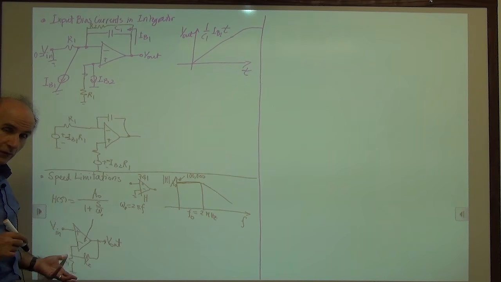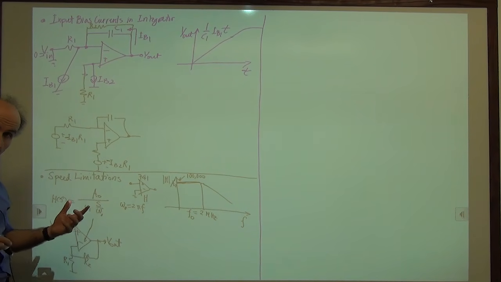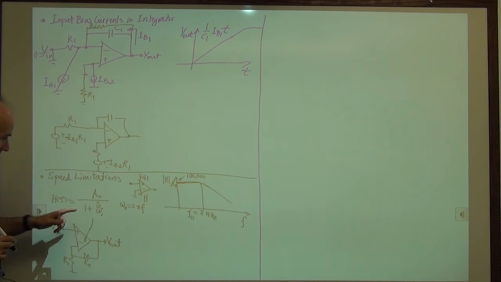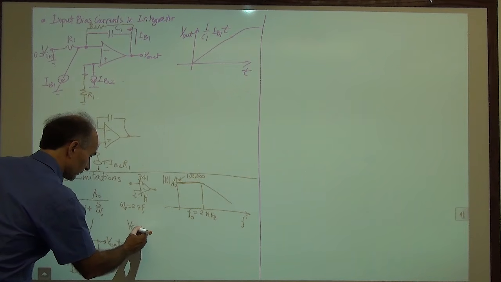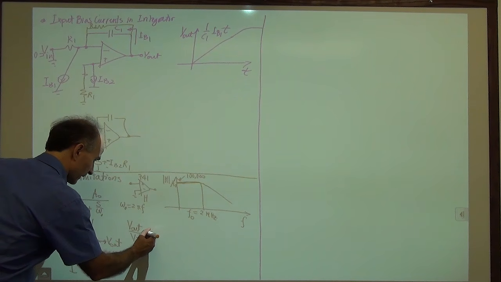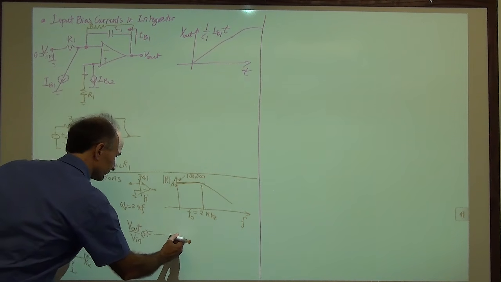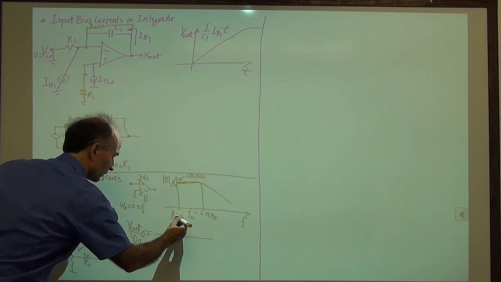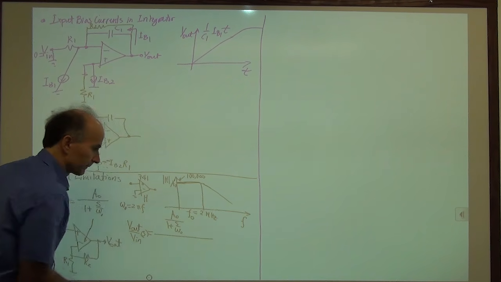Now it's not that hard, actually. What we do is we look back to the equation we had before and simply replace A0 with A0 over 1 plus S over omega 0. So this is what we get. V out over V in of S, that's the transfer function from here to here, is equal to A0 over 1 plus S over omega 0.